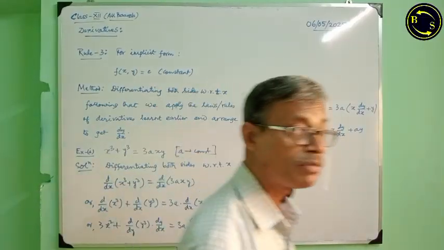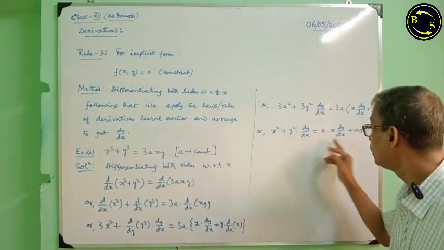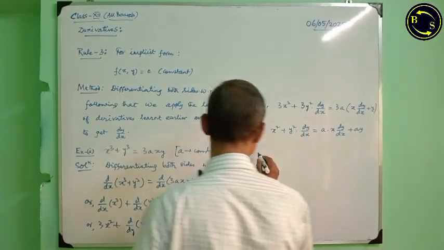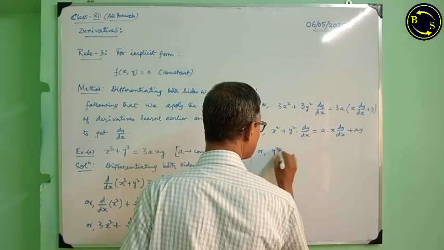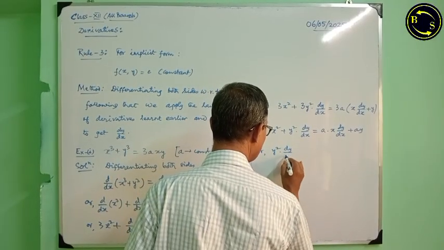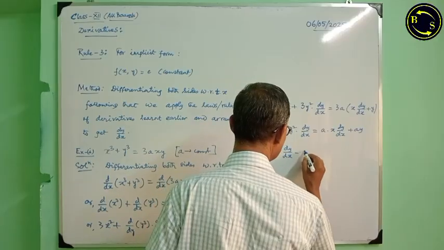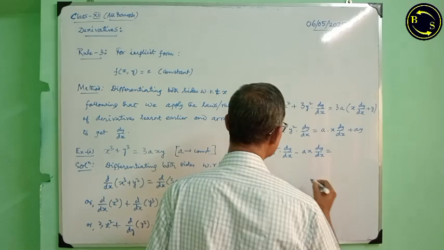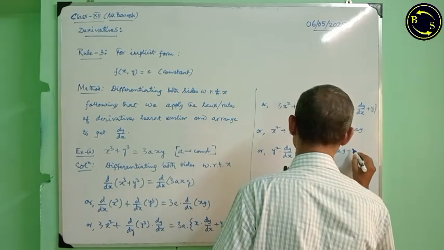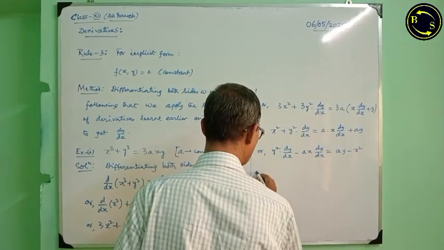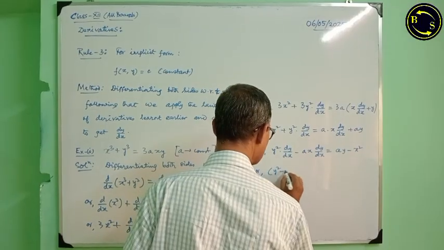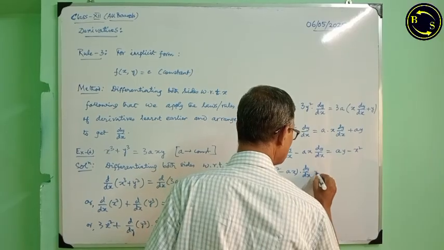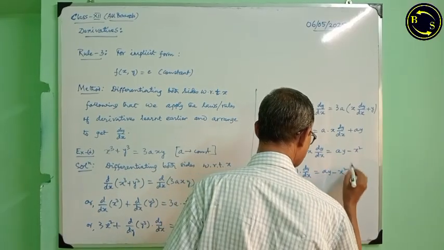Now, the next step will be that dy dx terms are to be taken on one side. I am taking them on the left side. y square dy dx minus ax dy dx is equal to ay minus x square, or y square minus ax into dy dx is equal to ay minus x square.